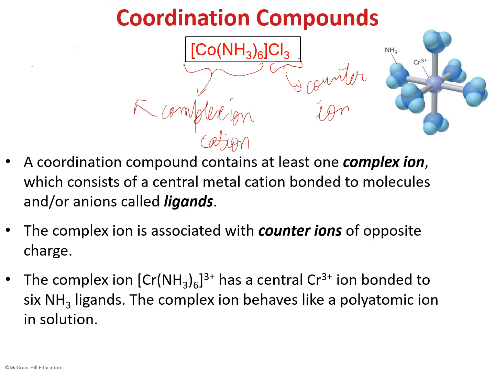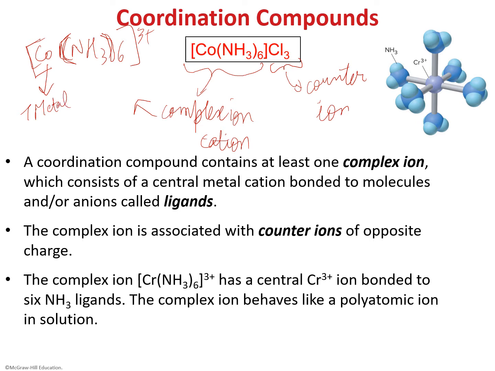Now let's break apart our complex ion. It consists of cobalt, parentheses, ammonia 6, and it is going to be 3 plus, and I'll explain why I have 3 plus here. But anyways, for now, essentially it consists of a metal which is always going to be a transition metal.